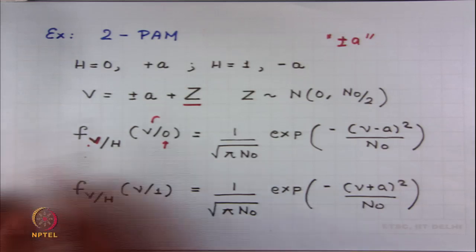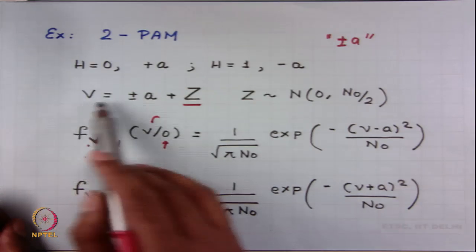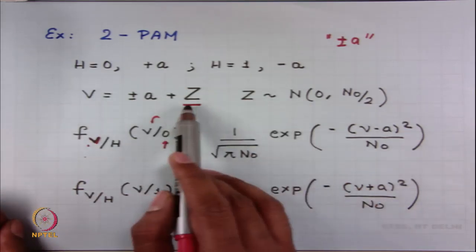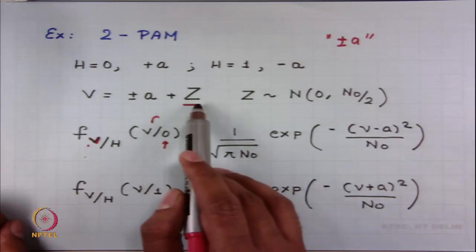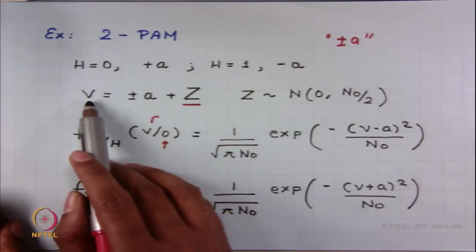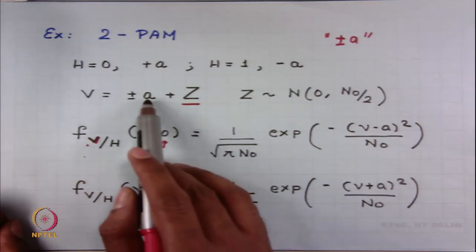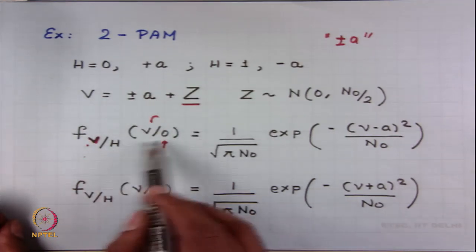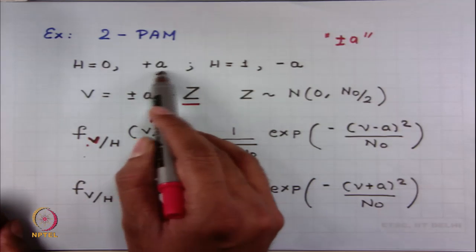In that case it is very simple, V will be a Gaussian random variable. The only difference here is that now the mean of V would be shifted to plus A, because if the hypothesis is 0, we are transmitting plus A.